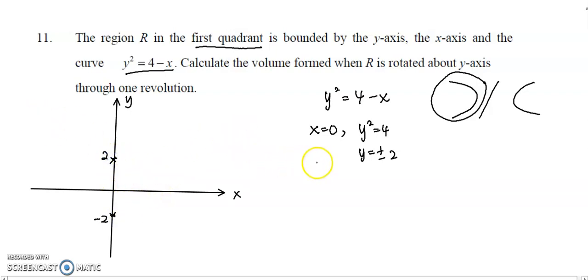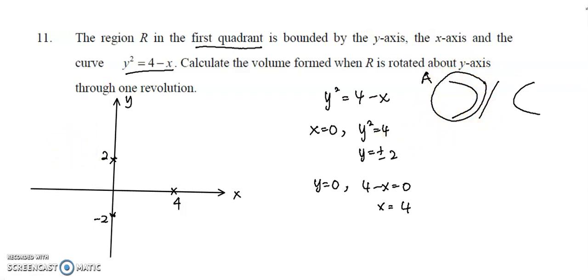And the third point that we can find is when we let y equals 0. When y equals 0, you have 4 minus x equals 0, where x equals 4. So you can just sketch. When y equals 0, x will be equal to 4. And you know the shape is a parabolic shape, open to the left. So we just sketch our curve.